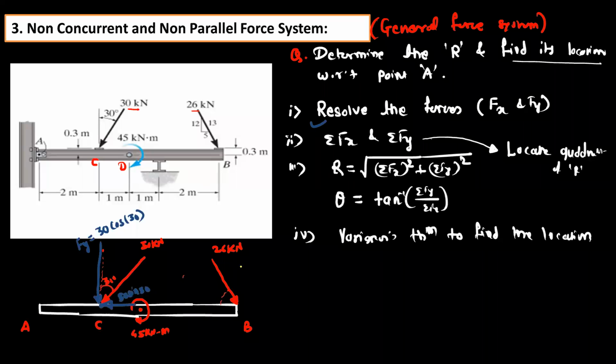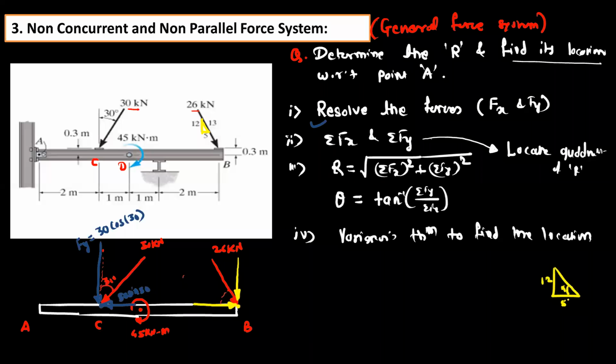For the 26 kilonewton force, resolve the force at this point only, that is at point B. So draw a vertical vector. This is the Y component. Draw a horizontal vector. This is the X component. Here this angle is not given. So how can you find out this angle? Observe this triangle: 12, 5, and 30. Just assume this angle as alpha.